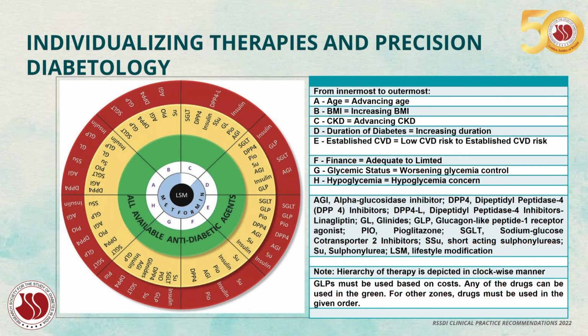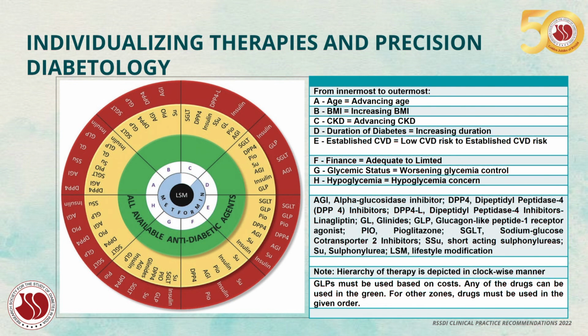So in established atherosclerotic cardiovascular disease and CKD, we have kept the hierarchy of SGLT2 inhibitors here, because one, they are oral agents, and second is the cost. That is why we have not used GLP-1 as first in preference in any of the categories in the Indian setting. Now keeping this in mind, first option becomes SGLT2 inhibitor.